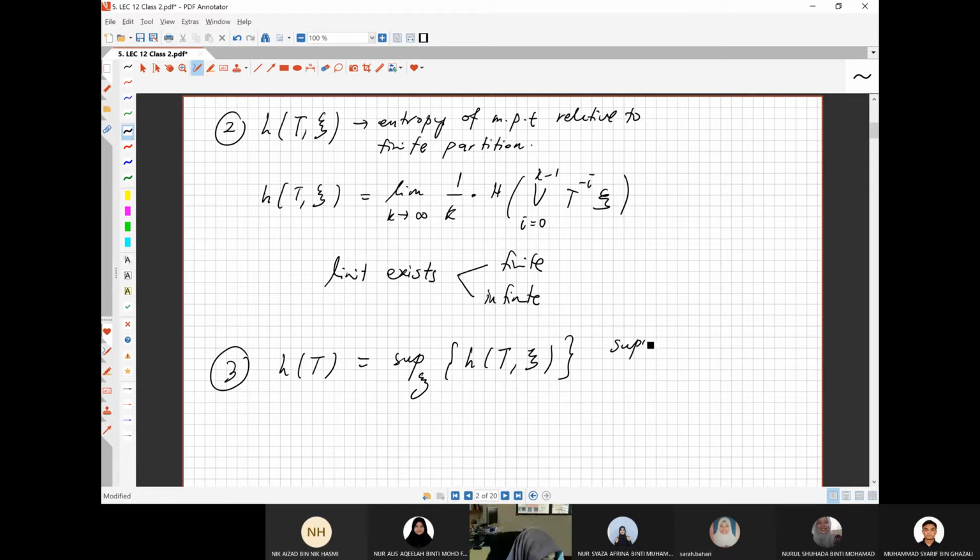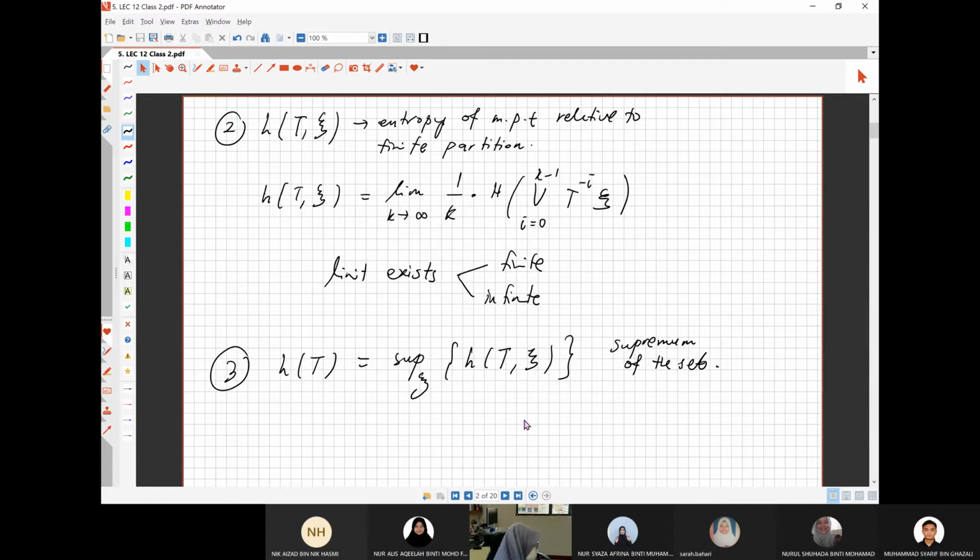So we call it the supremum of the set. Generally, the Kolmogorov-Sinai theorem is to find the entropy of the transformation. In order to find it, you should know the entropy of the partition and the entropy of the transformation related to the partition. Only then can you have the entropy of the whole transformation.